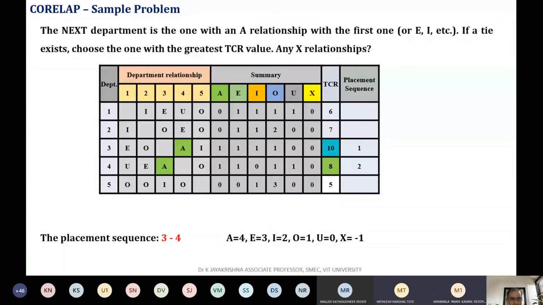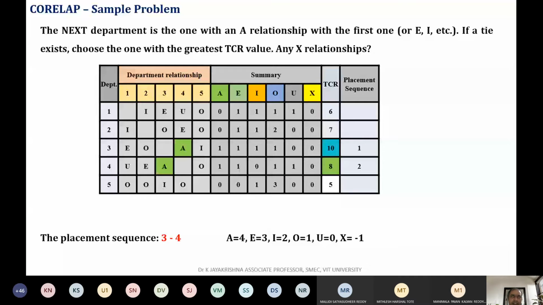Yes, sir. Okay, because this is something similar to the last class problem, ALDEP. But now, when selecting the next department, we have to compare the relationship shared by the other departments with departments number 3 and 4. Normally in the ALDEP problem, we will be just comparing with the last placed department.